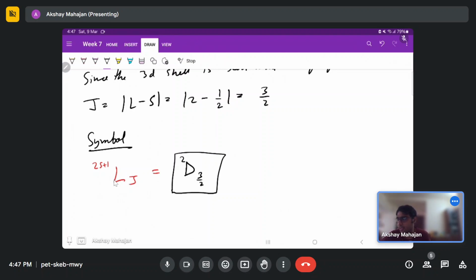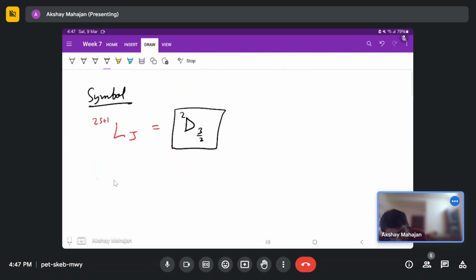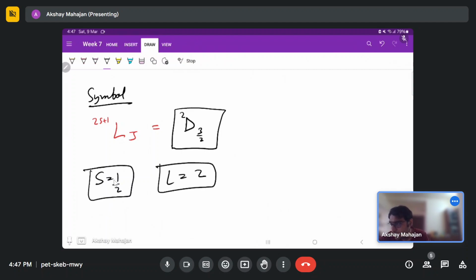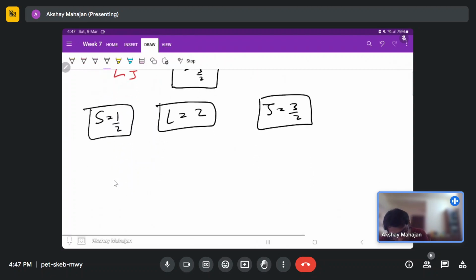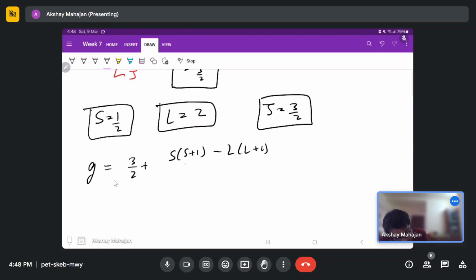Okay, so now we have S equals half, L equals 2, and J equals 3 by 2. Using these values, first we find g, which is again 3 by 2. Just put in the values in the formula: 3 by 2 plus S into S plus 1 minus L into L plus 1 divided by 2J into J plus 1.